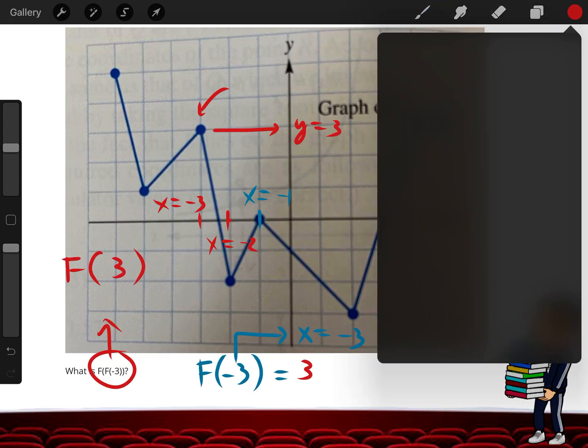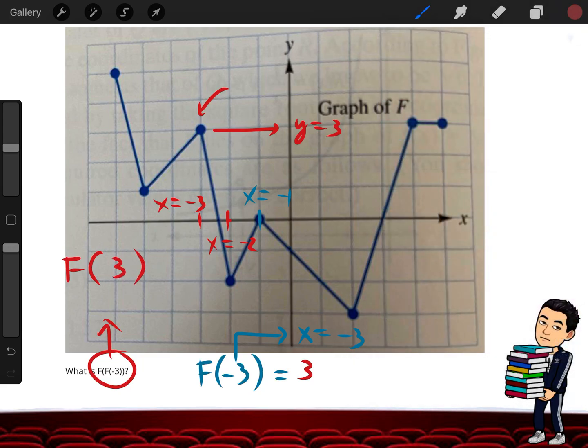Now you're going to do the analysis one more time. When x is equal to 3, what does y equal? So you're going to shift to x equals 1, x equals 2, x equals 3.